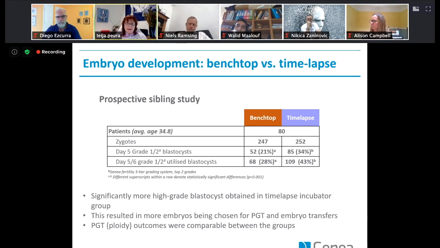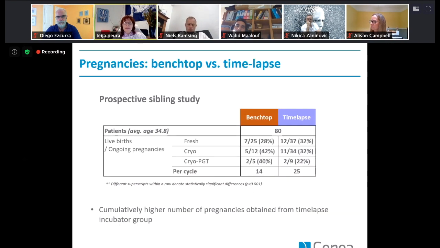And PGT ploidy outcomes were comparable between the groups, so there was no difference there. Nonetheless, there were no differences in the pregnancy rates that were achieved, but because of this cumulative nature, more embryos were available and were actually utilized, which led to a cumulatively higher number of pregnancies obtained from the time-lapse group.